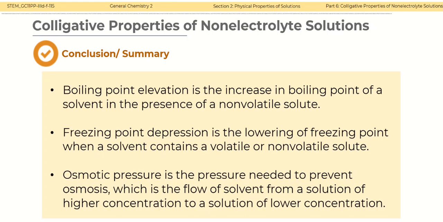Moreover, boiling point elevation is the increase in boiling point of a solvent in the presence of a non-volatile solute. Freezing point depression is the lowering of freezing point when a solvent contains a volatile or non-volatile solute. Osmotic pressure is the pressure needed to prevent osmosis, which is the flow of solvent from a solution of lower concentration to a solution of higher concentration.